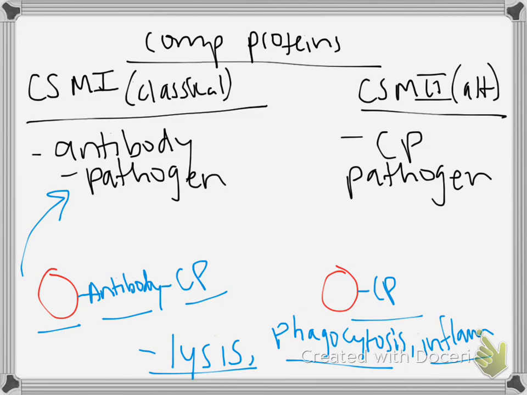So this complement protein might have a binding site. Let's just do that right there. And it might attract a macrophage. So let's just say this is a macrophage. And that would cause this to be phagocytized, bringing it in, extending its plasma membrane into that phagosome, using lysosomal enzymes to break it down.